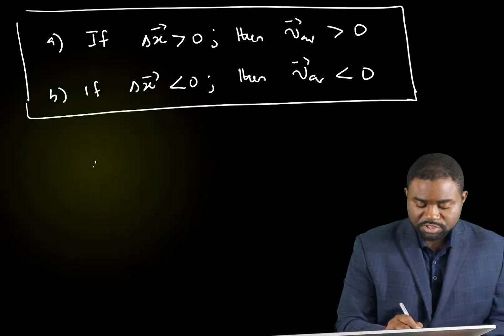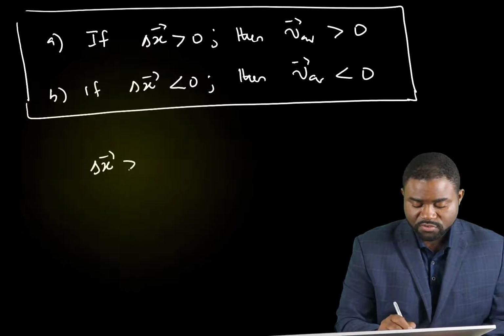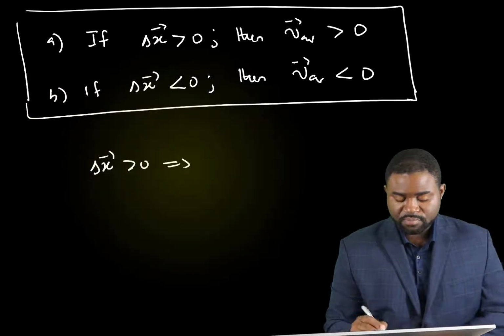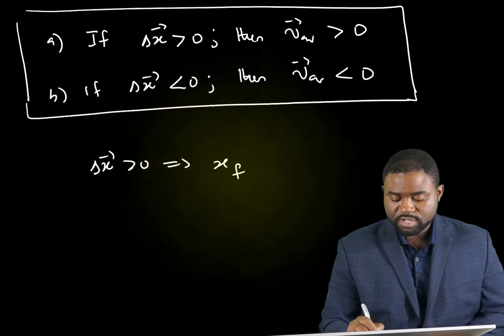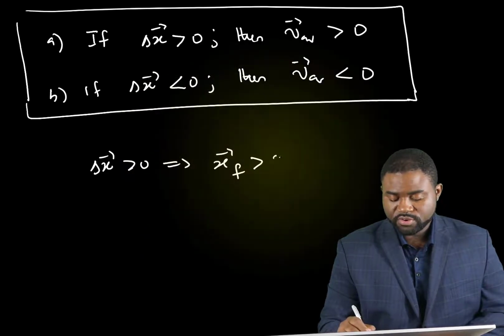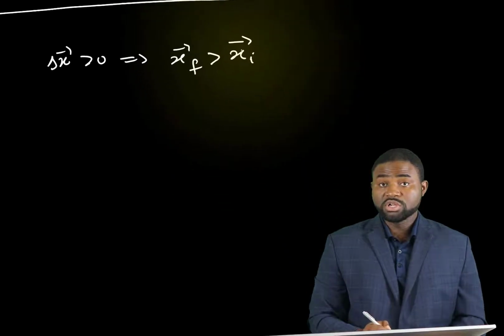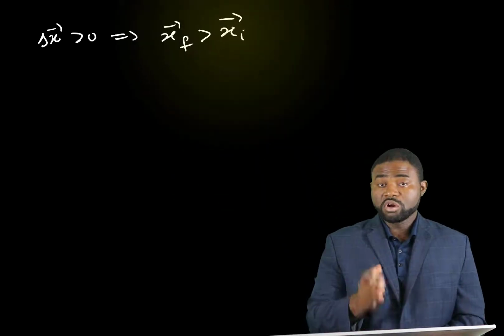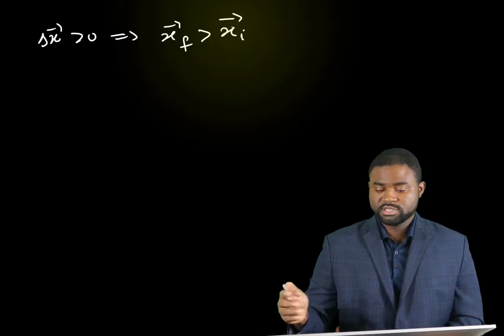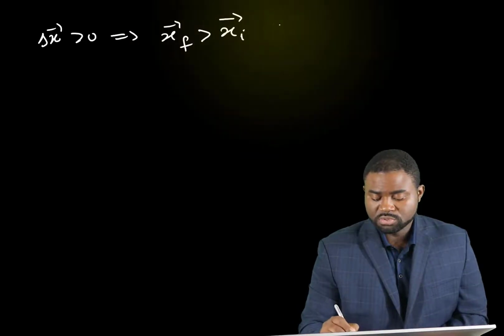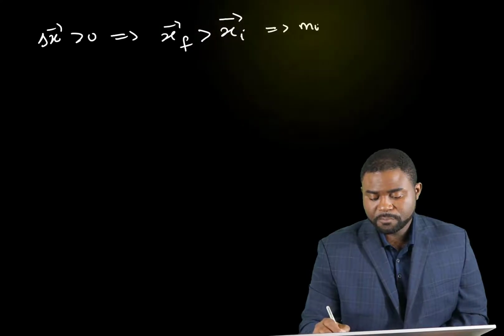A positive displacement, if delta x is positive, simply means that the final position vector is greater than the initial position vector. This is only true if the object is moving in the direction of increasing x. In other words, the object moves to the right.